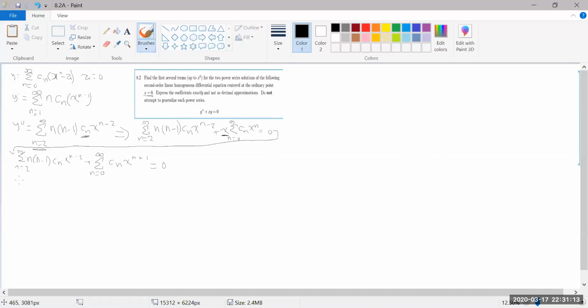For this term, I'm going to set whatever my exponent on my x term is equal to k, or m, or whatever you want. So k equals n minus 2. And for this one, k equals n plus 1.